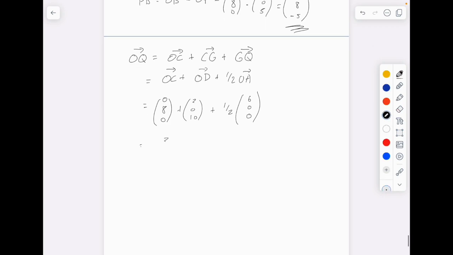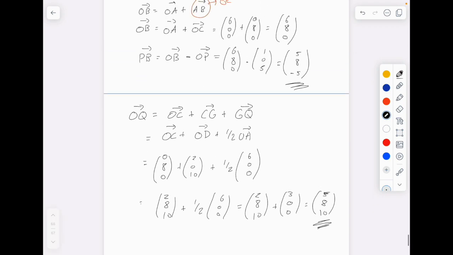What we get is (2, 8, 10) plus a half of (6, 0, 0), which equals (2, 8, 10) plus (3, 0, 0), which gives (5, 8, 10). Okay, perfect. Now.